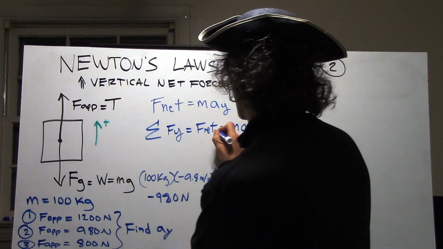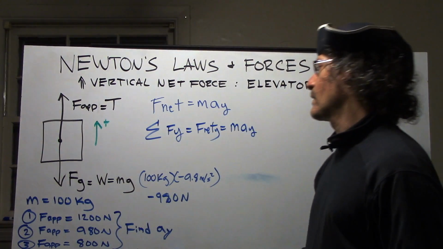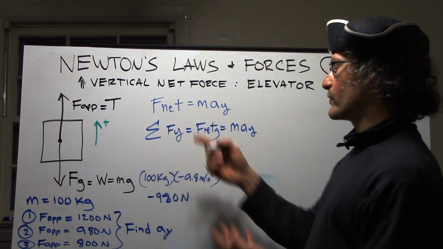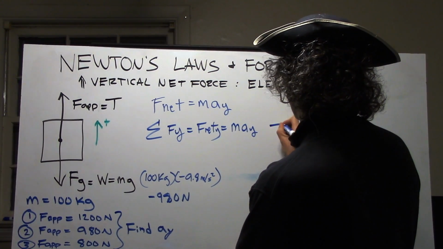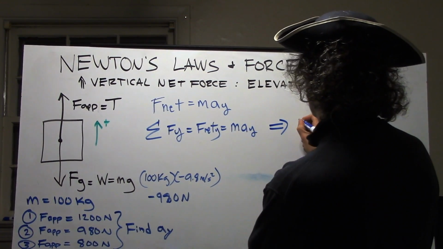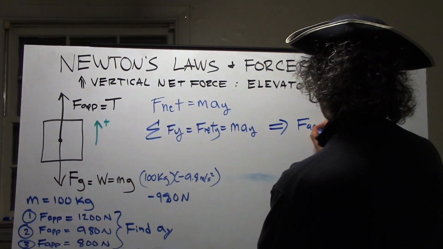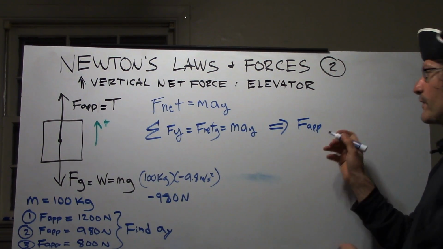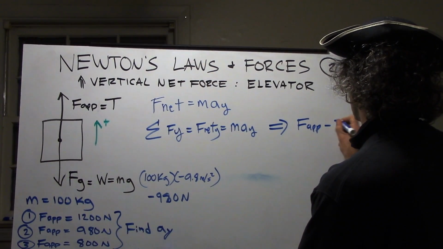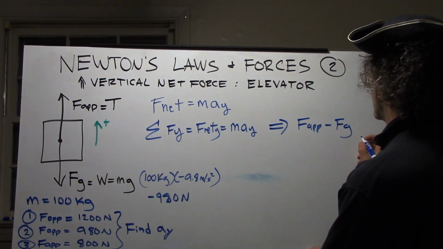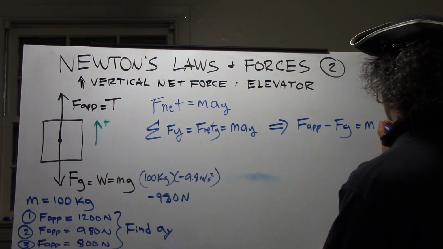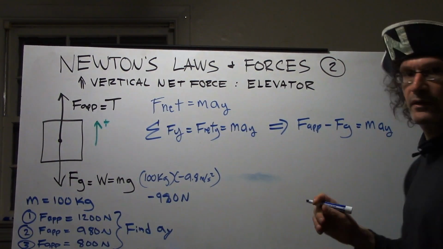Here we go, F net in the y direction. All right, what are the forces in the y direction? Well, we have force applied in the positive direction, and we have Fg in the negative direction, so minus Fg. And so this together equals m times a y.